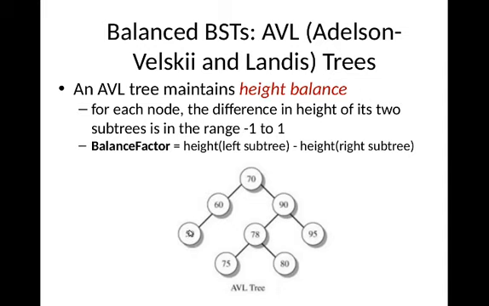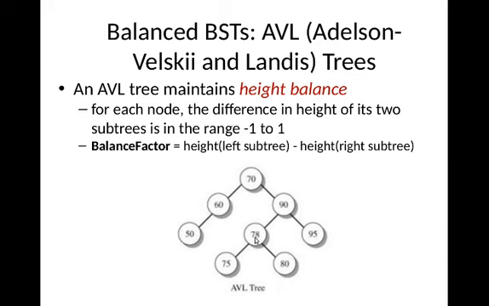Height of 50 is 0 as it is a leaf node. Similarly, height of 75, 80 and 95 are also 0. When we look at the right child of 60, it is a none node and its height is considered as -1. So the height of 60 is 1 plus the maximum of the height of 50 and the height of the none node, that is 1 plus 0, that is 1.